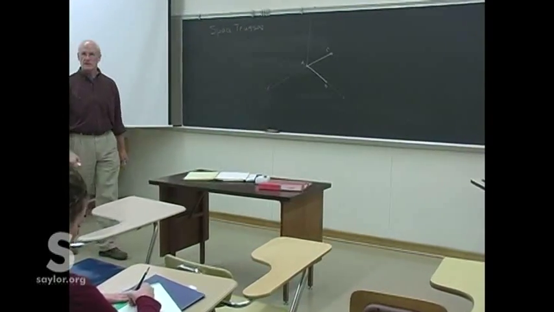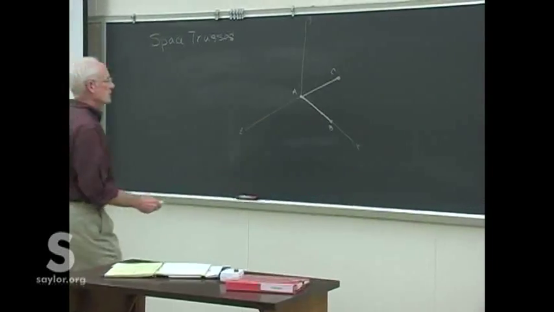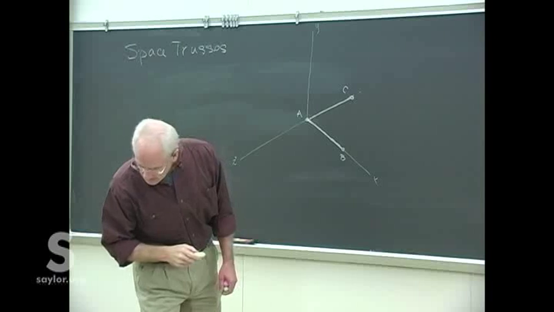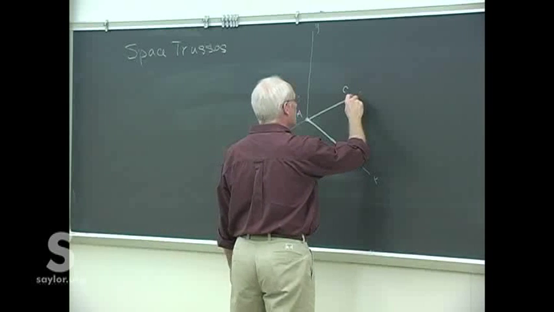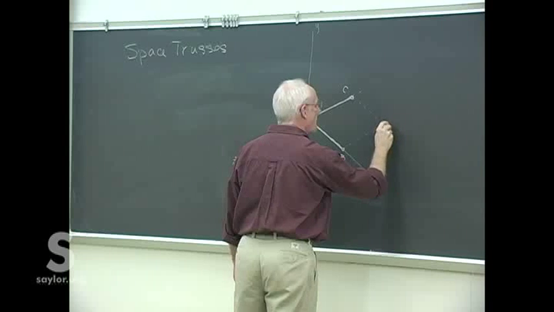And as most 3-dimensional problems are, this is going to be a little bit difficult to draw, so we just have to be careful. And then point E finishes that square. And that's the base square.